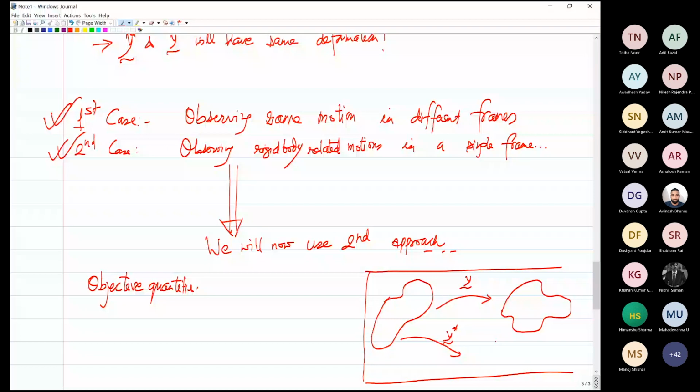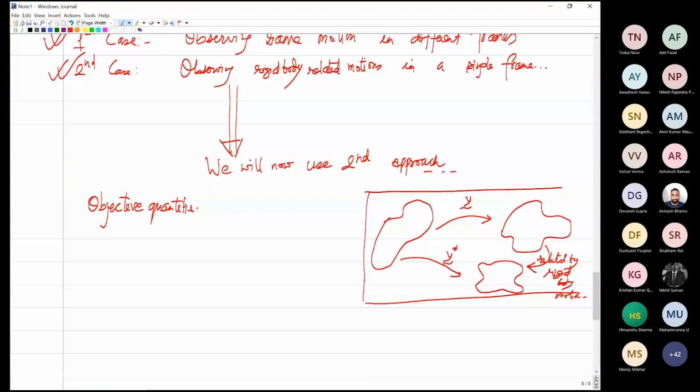So there can be different kinds of objective quantities. It could be scalar, vector, or tensors. So when it is scalar, suppose the quantity is beta, which could be temperature or density. So we'll say that beta, when measured for the motion y and at time t, should be the same as beta star when measured in motion y star and at time t. Okay.